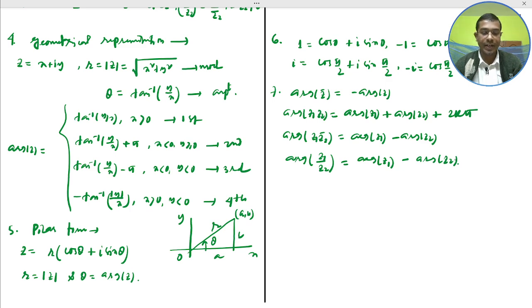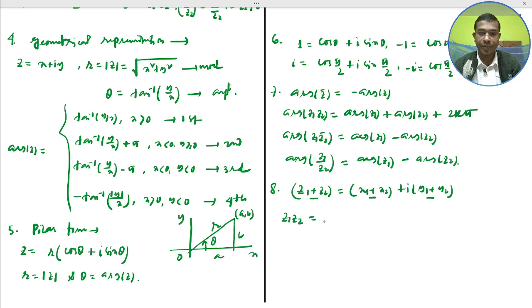Next, the geometrical representation of the sum of complex numbers. We just discussed in the previous that z1 plus z2, the sum of complex numbers, is x1 plus x2 plus i (y1 plus y2), and the difference z1 minus z2, here minus, here minus, and the product z1 z2.